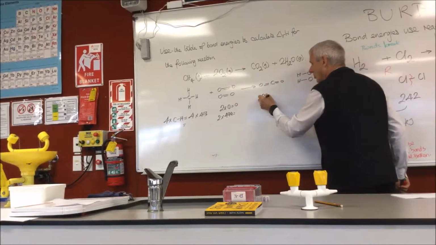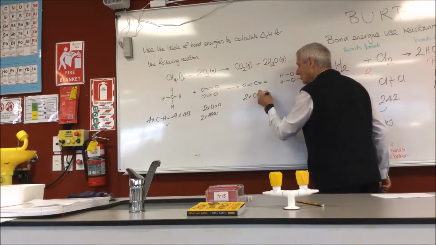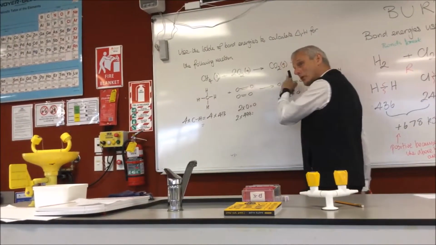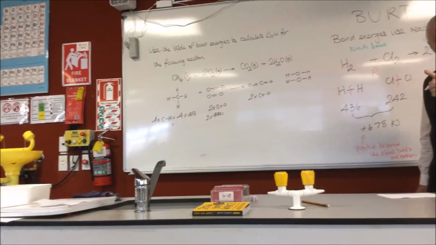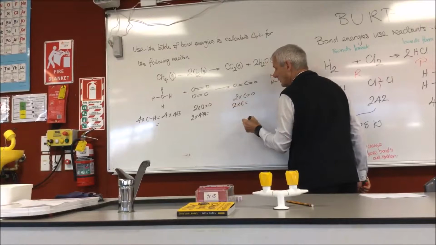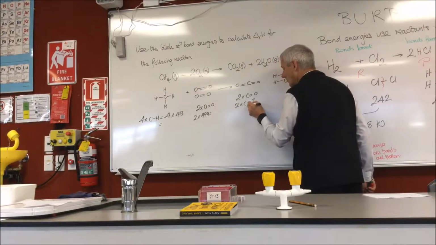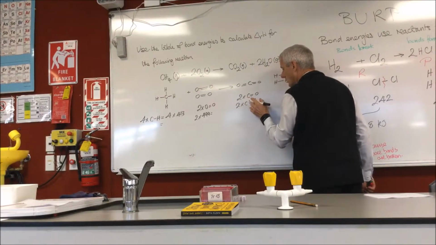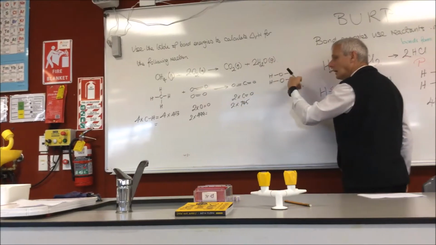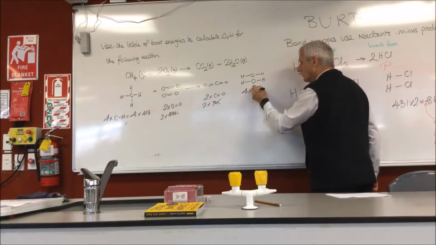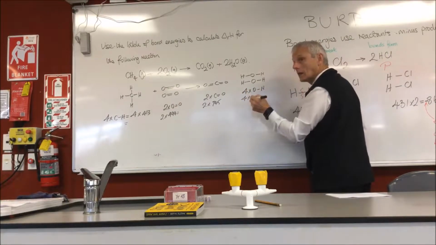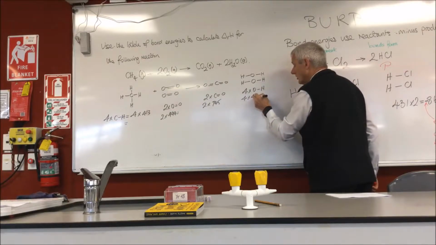Now, 2 times C double bond O, because each molecule of carbon dioxide has 2 of them, not 1. And that's where people often make a mistake, particularly with water, which is 2 times whatever that is. 745. Okay, and here we've got 4 times O-H, which is 4 times 463.